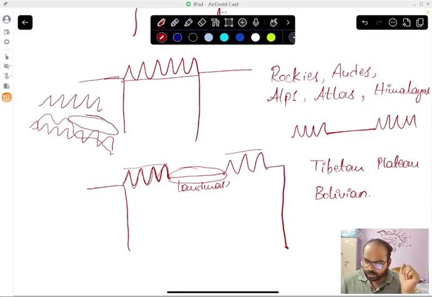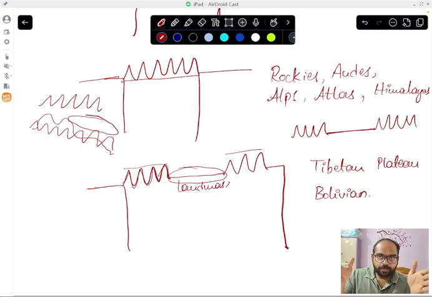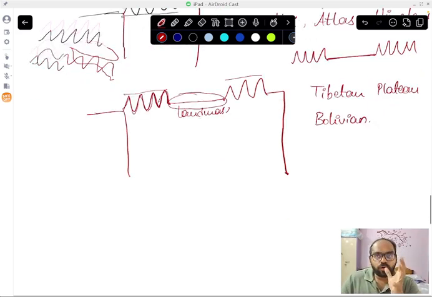And also the Bolivian Plateau. In between the Andes mountains, there is a gap or a landmass called the Bolivian Plateau in South America. Okay, this is about fold mountains.